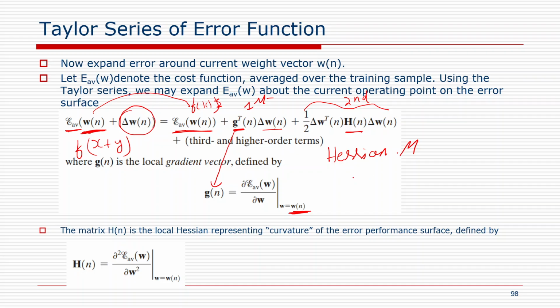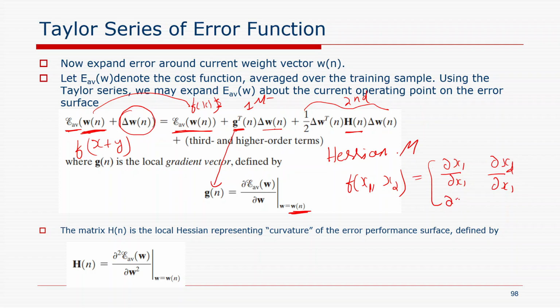What the Hessian matrix tells is this: with respect to a function with two variables, x1 and x2, first we find the derivative of x1 with respect to x1, and then x2 with respect to x1.